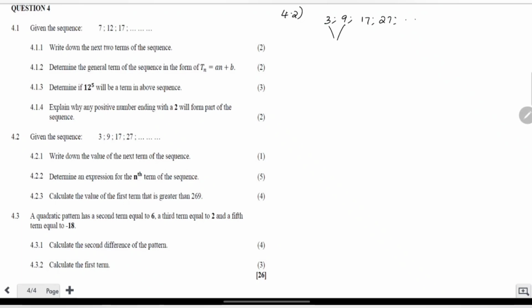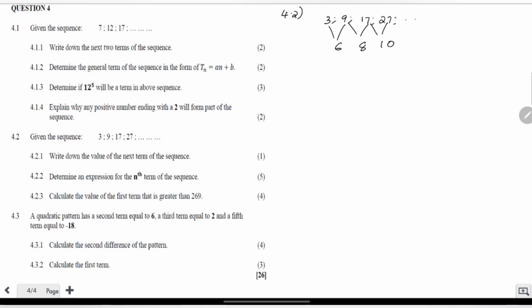For you it's quadratic, because in grade 12 you will study one more pattern, that is the geometric pattern. Okay, so you have to check the criteria of all this and finalize what type of pattern this is. So 9 minus 3 is 6, then 17 minus 9 is 8, 27 minus 17 is 10.